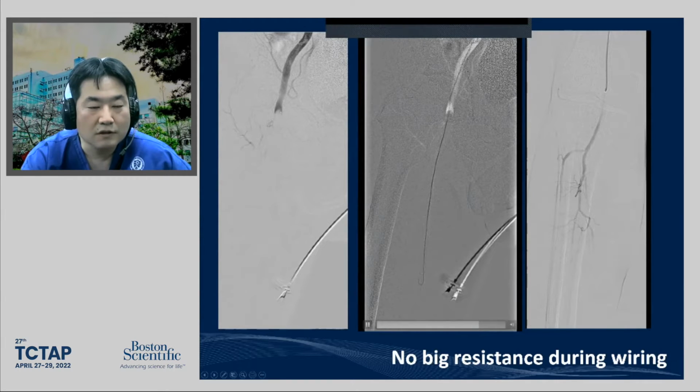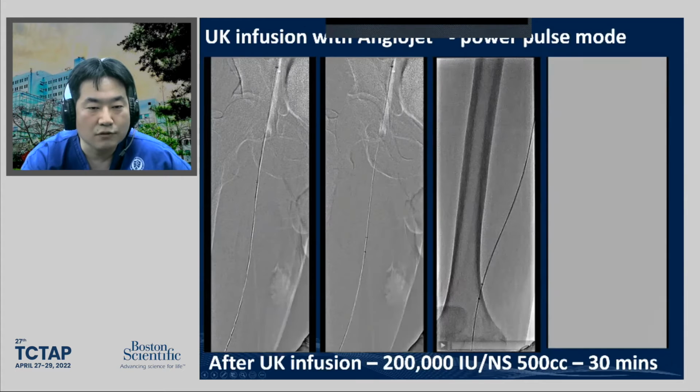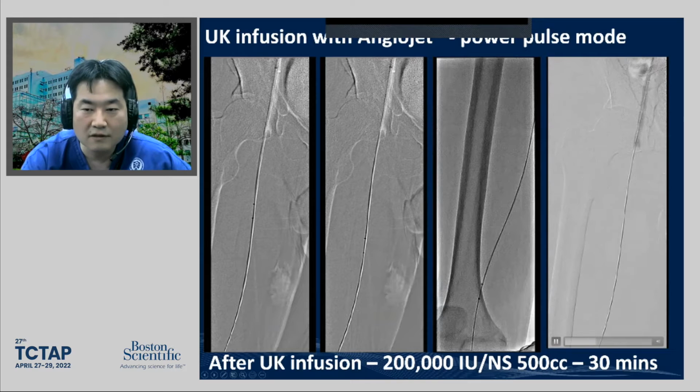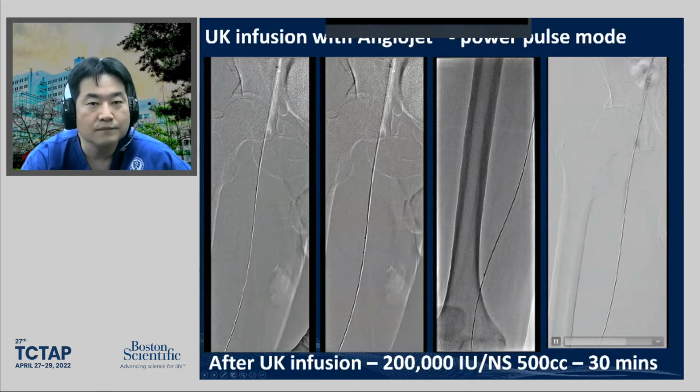So at that time we used urokinase, and the urokinase was infused into the lesion in power pulse mode, for the proximal to mid SFA, and we waited for 30 minutes. And during the waiting, I checked the angiogram. There was slight flow improvement during the procedure.